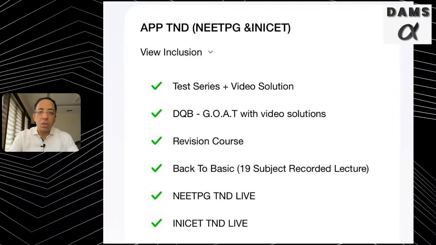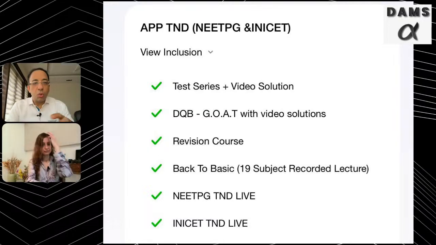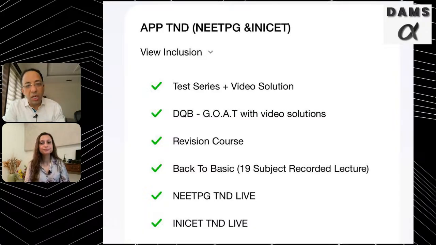You need test series, you need question bank, you need the revision courses like DVT and your Mission INI-SET, but you also need recorded lectures with handwritten notes there in the app itself. You have the workbook also, handwritten notes also. There in the app itself, you have also Cortex AI golden points also. So you get the complete recorded session. Plus you get NEET PG TND and INI-SET TND.